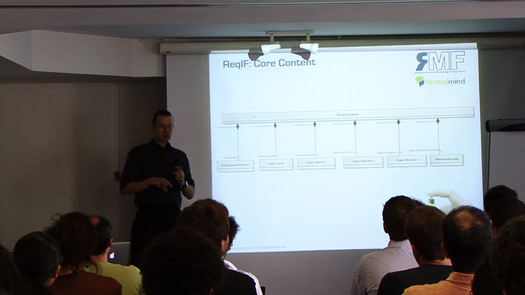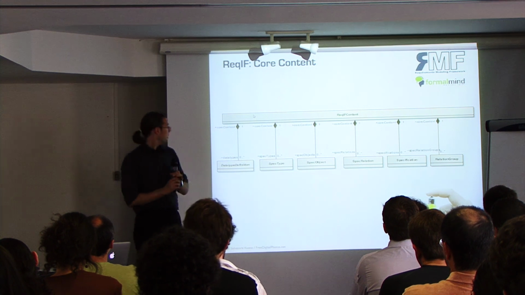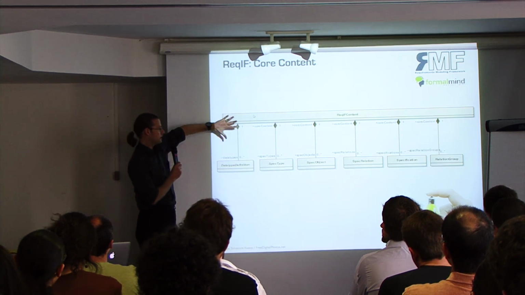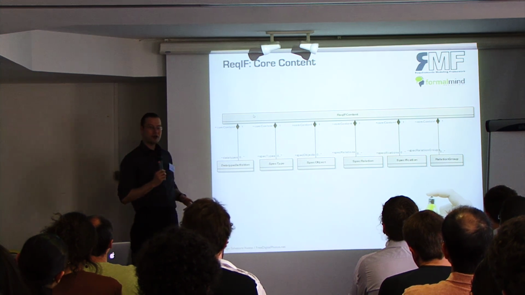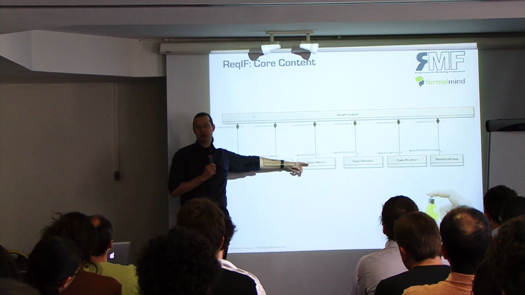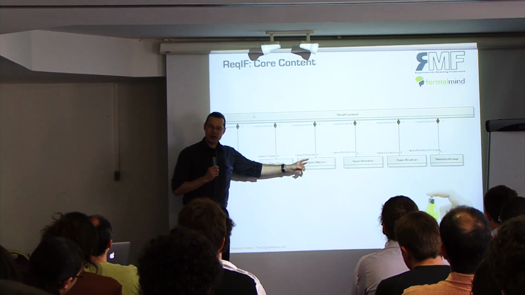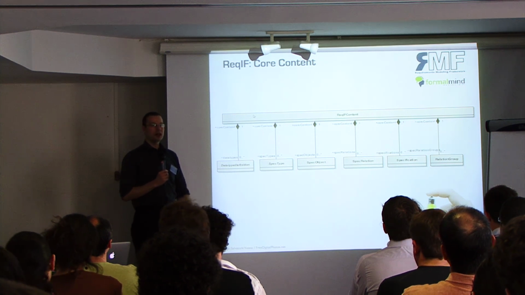So the standard is based on industry tools that use much more sophisticated data models. So this is the ReqIF content, which holds all the data of a ReqIF model. And you first have SpecObject. The SpecObject is a requirement. In ReqIF, a requirement doesn't have any information whatsoever.